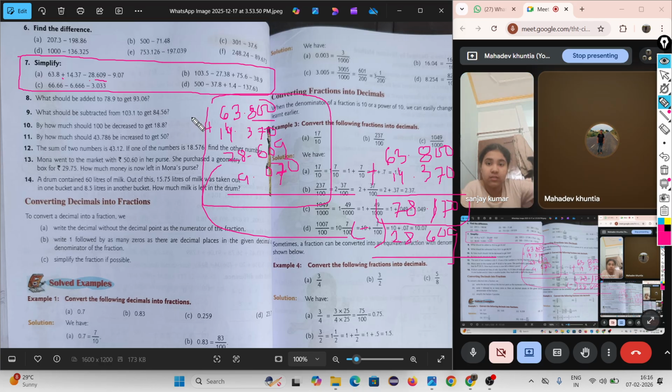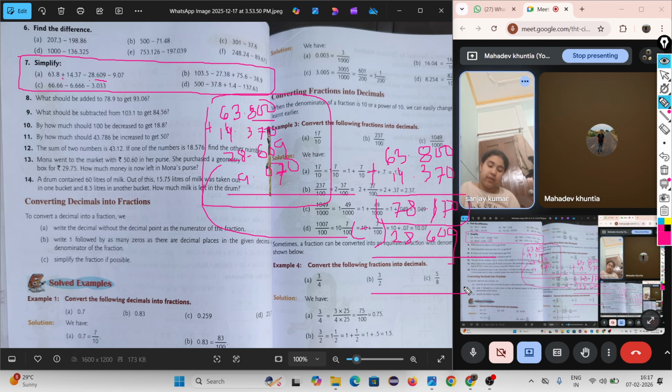Then you have to subtract, na? The result 78.170 minus 28.609. After subtracting 28.609 from 78.170, what is the result?